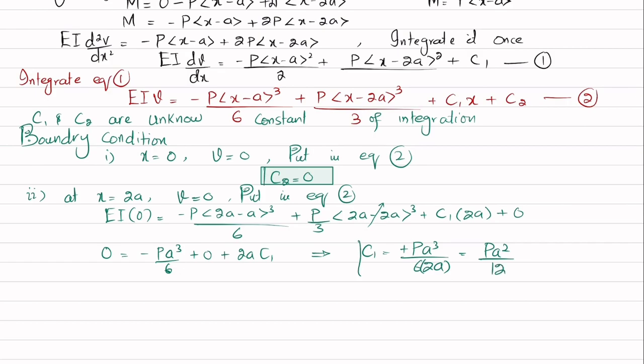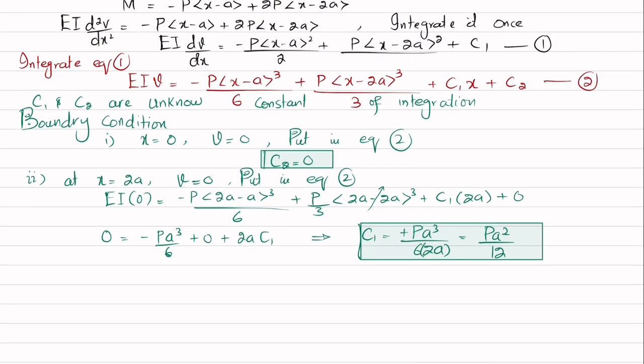Now you have C1 and C2, so you can just put them in equations number 1 and 2 in order to determine the equation of slope and deflection. So we will put the values of C1 and C2 in equation number 1.